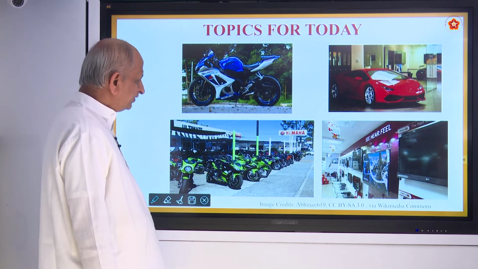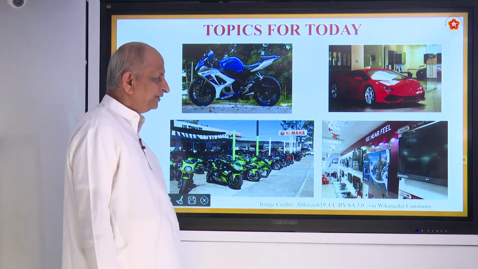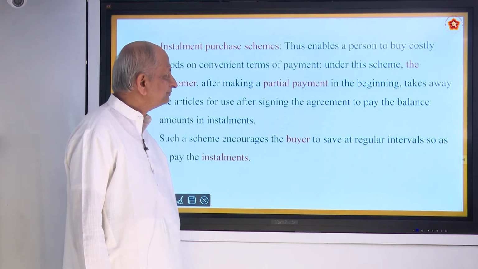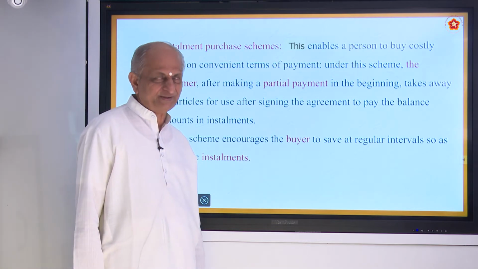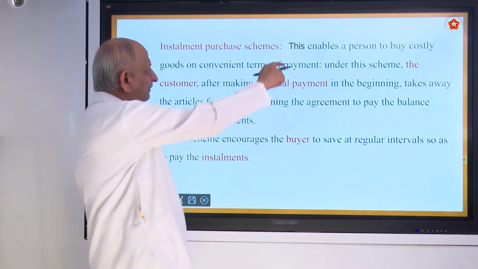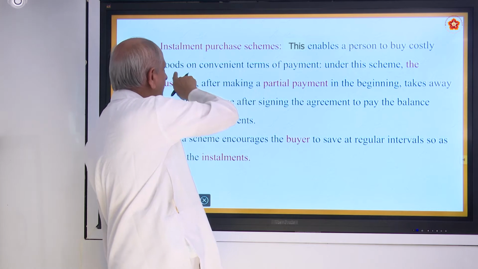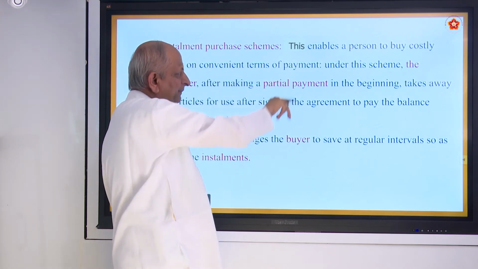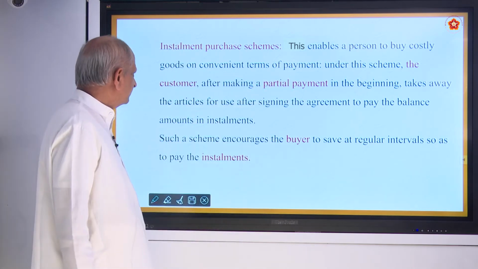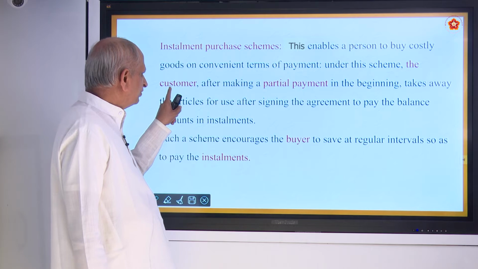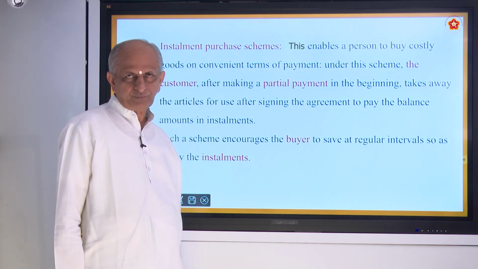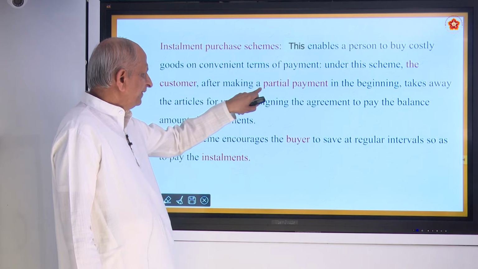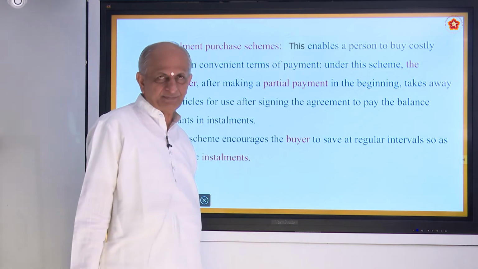And this topic of today is called installment buying. So in installment buying or installment purchases, this enables a person to buy costly goods on convenient terms of payment. Under this scheme, the person who buys is called the customer. What he does is, he makes a partial payment in the beginning.